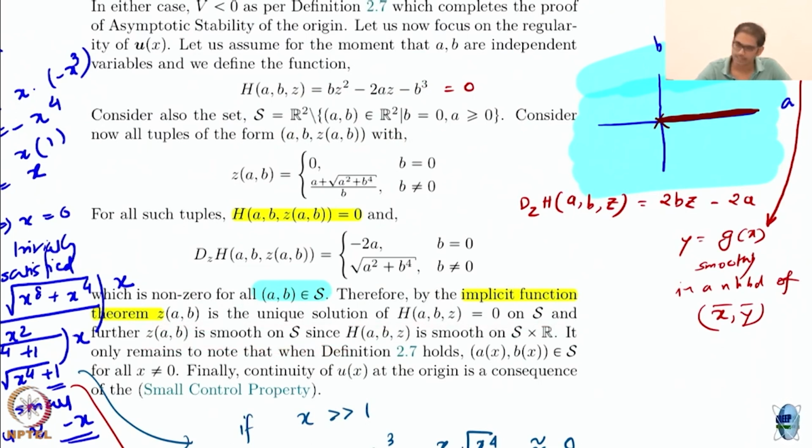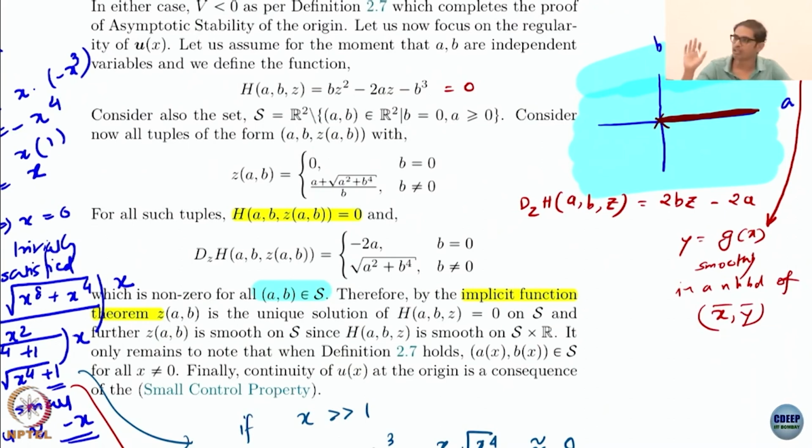By the way, this is in general mathematical analysis a very standard way of proving smoothness. This is how we do it, using the implicit function theorem. If somebody asks you to prove smoothness of some solution, think at the back of your mind that the implicit function theorem has to be invoked.